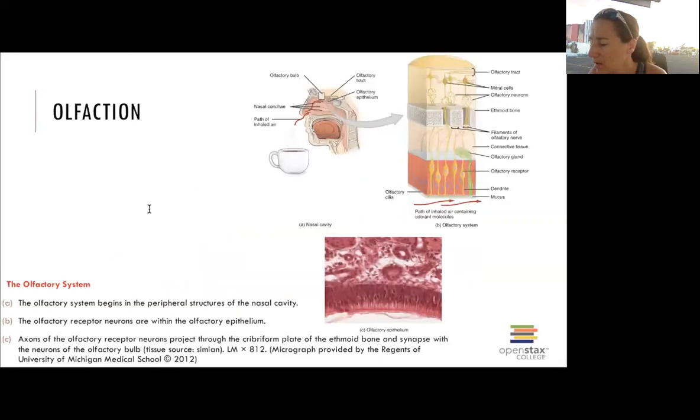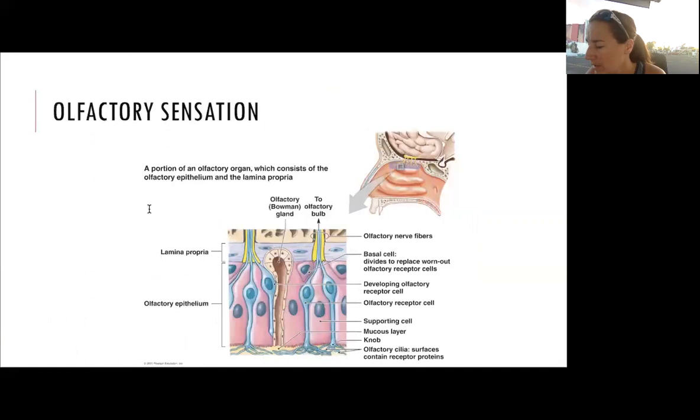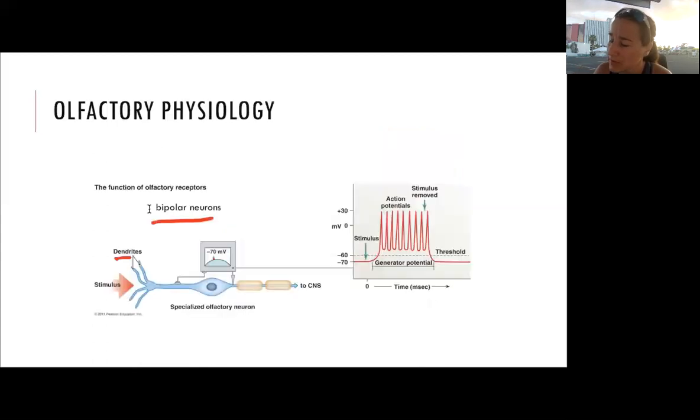So here they are going down through the cribriform plate, and here are the dendrites. When the chemical comes along, it's going to attach onto these moisture-rich areas in the top of the nasal area and bind on there, and those will depolarize the receptor cell. We will depolarize these bipolar neurons.